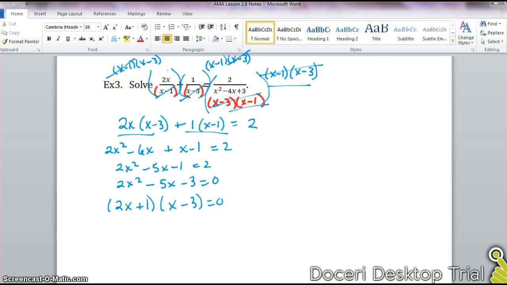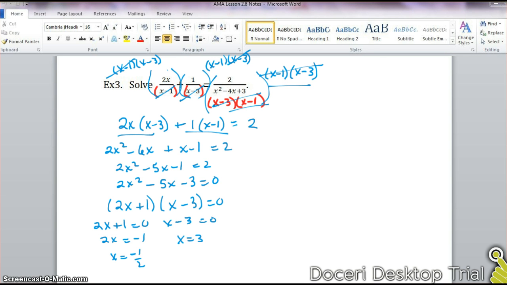And so when I go and solve, I get 2x plus 1 equals 0, x minus 3 equals 0, 2x equals negative 1, and so x equals negative 1/2. And here, if I add 3, I get x equals 3.